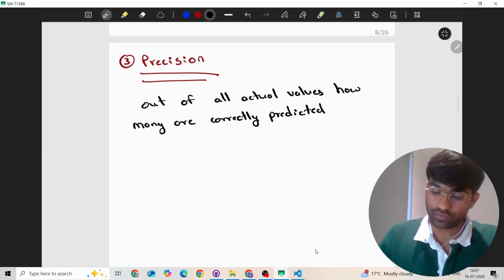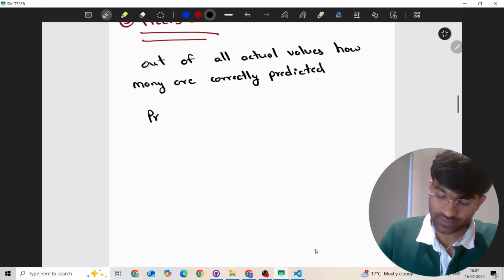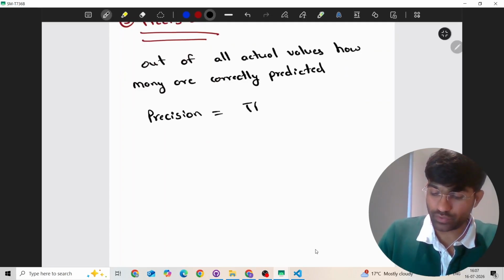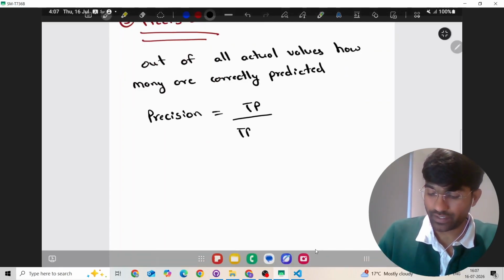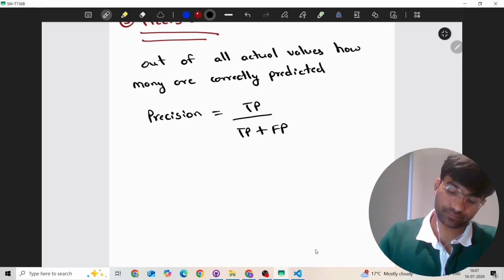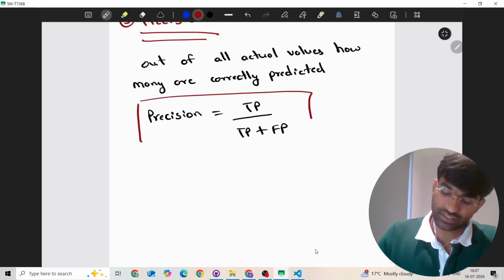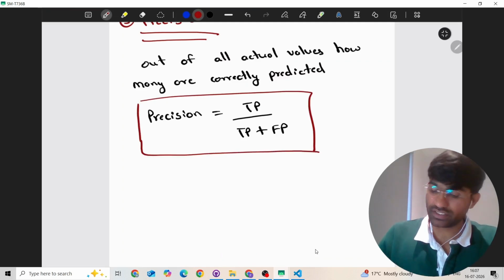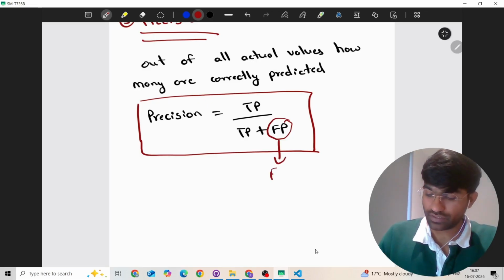The formula for precision is precision equal to true positive divided by true positive plus false positive. If you see here, the precision is focusing on the false positive rate. Our focus is on the false positive rate.